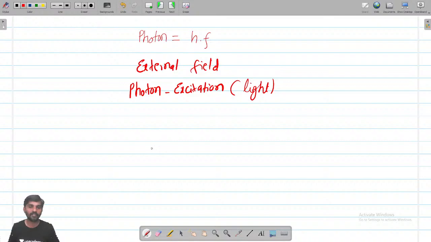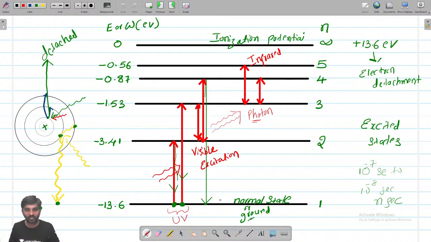But the beauty here is, if the electron gets some energy which is not equal to the difference between these two levels, the electron will not excite, right? So what is the difference between minus 13.6 and minus 3.541? Almost, let's say, 10 electron volts is required for the electron to jump from one state to the second state.